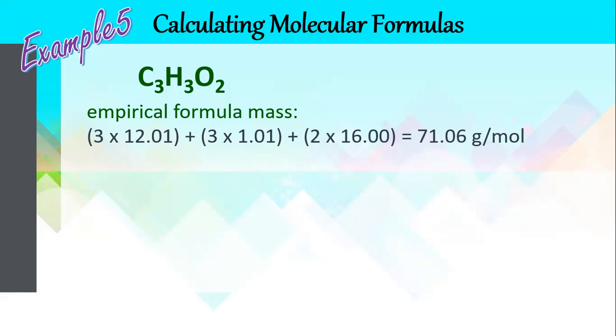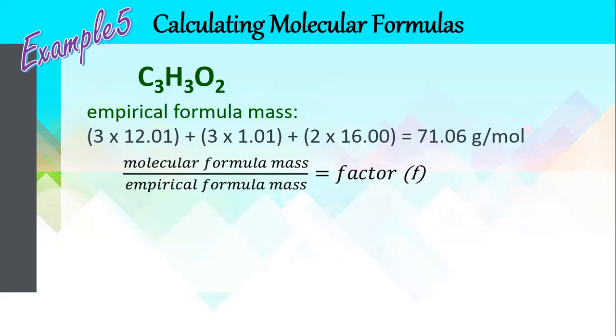Now we need to find out the molecular formula that corresponds to 142. What you want to do at this point is take the molar mass of the molecular formula and divide it by the empirical formula mass to get the factor. So that would be 142 divided by 71.06, equal to 2.